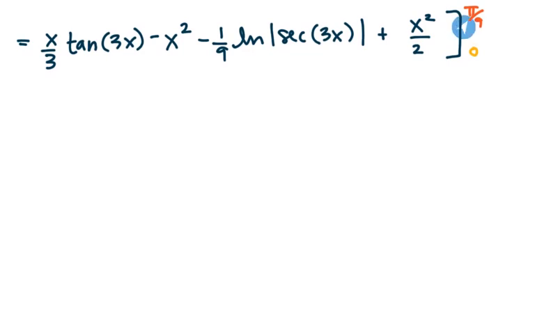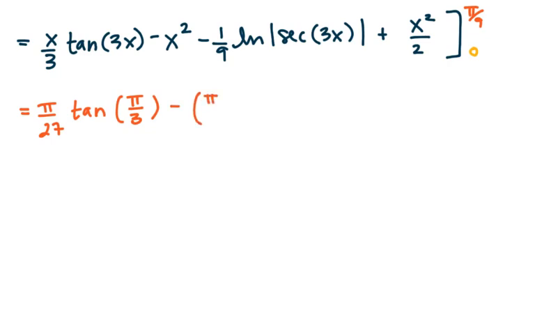I'm going to plug pi over 9 into all of these terms, and then I'll plug 0 into all of these terms. So I have pi over 9 over 3. That's going to be pi over 27. I have the tangent of 3 times pi over 9. So that's the tangent of pi over 3 when I plug that in there.